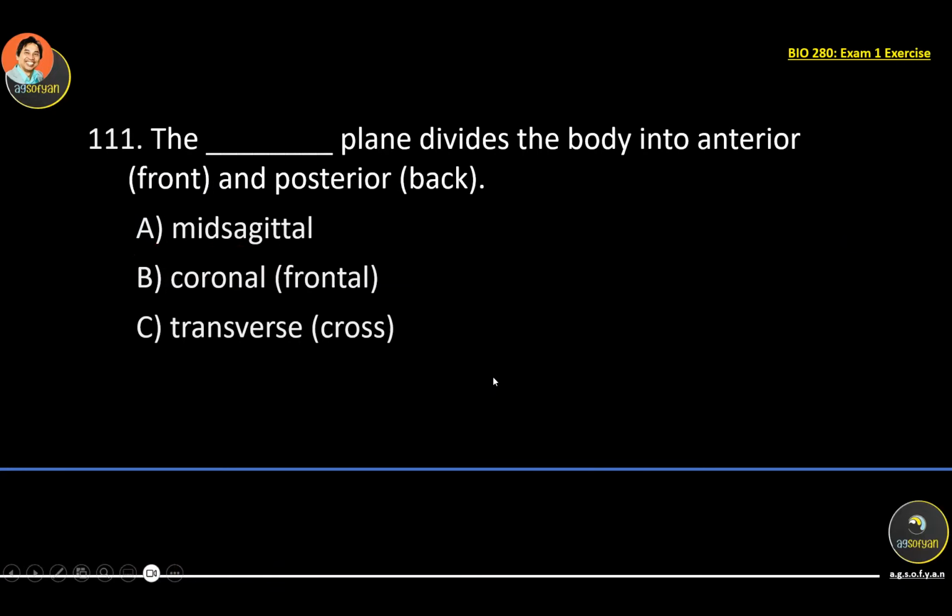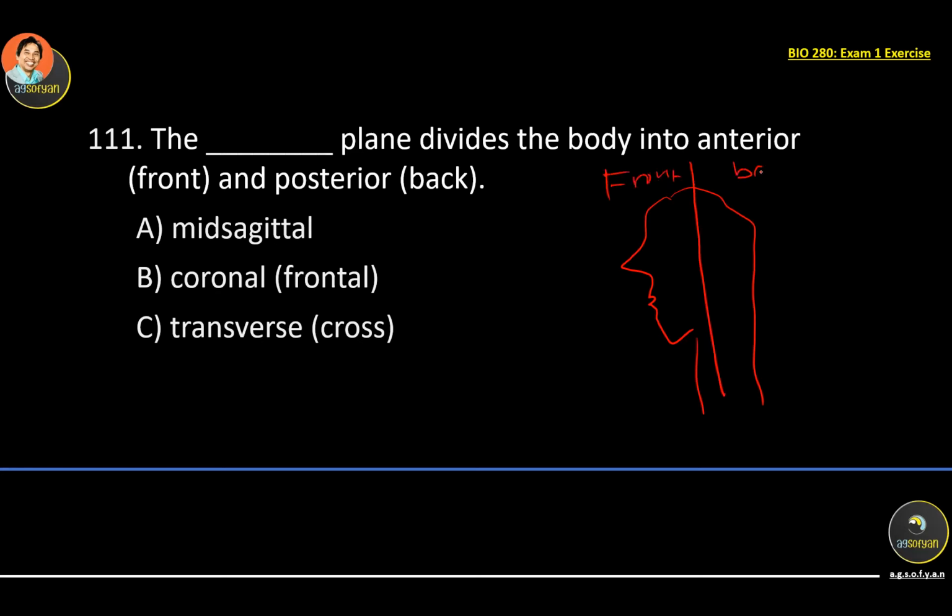The blank plane divides the body into anterior and posterior. Again, if this is our front, if we cut like that, it's front and back. So this plane is called the coronal plane or frontal plane. It has two names actually, coronal or frontal.